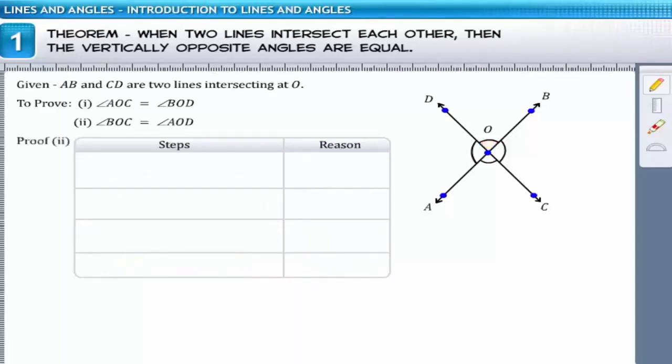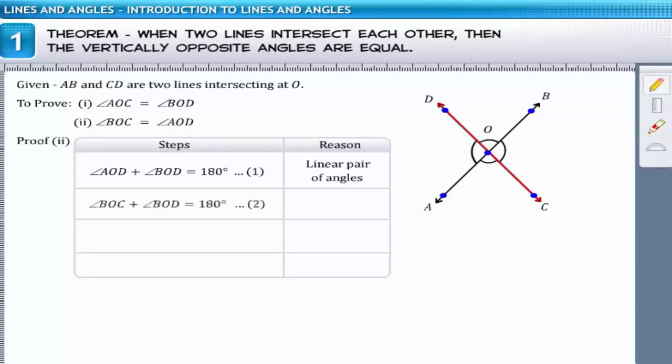Next, we need to prove that angle BOC is equal to angle AOD. Again, since AB is a line, the sum of angles AOD and BOD is equal to 180 degrees. Similarly, CD is a line.